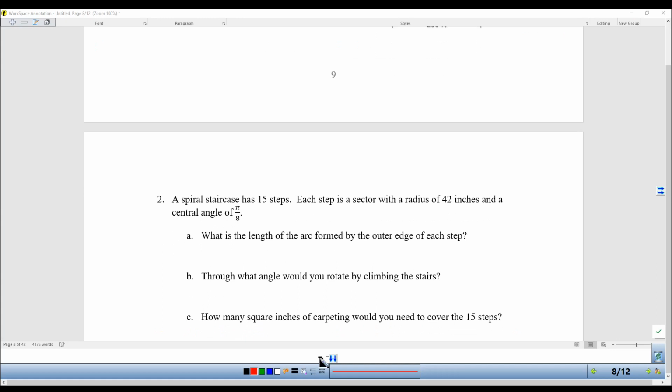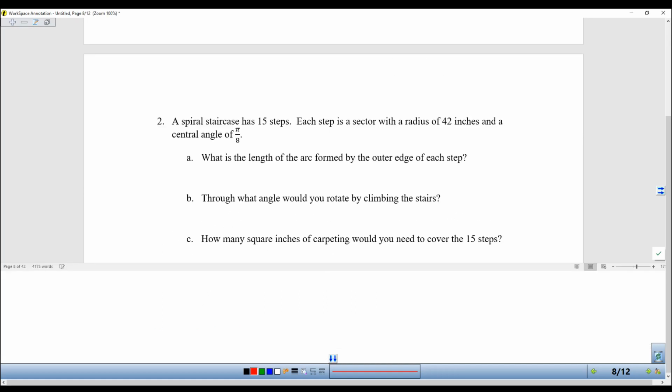A spiral staircase has 15 steps. Each step is a sector with a radius of 42 inches and a central angle of pi-8. So I would be terrible trying to draw this spiral staircase, but I can draw one stair on my spiral staircase.